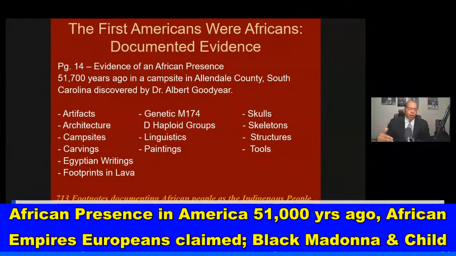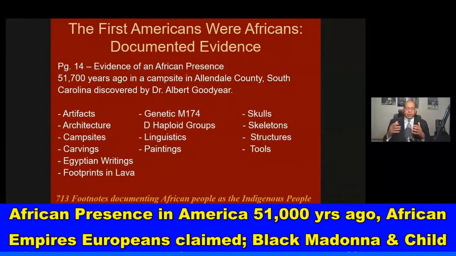They found artifacts, architecture, campsites, carvings, Egyptian writings, footprints in lava, genetic M174D haploid groups dealing with DNA and genetics, linguistics, paintings, skulls, skeletons, structures, and tools. They found 13 different types of evidence documenting an African presence in the land we call the United States of America, dating back at least 51,700 years ago. Now, his book is backed up by 713 footnotes and 7 peer-reviewed articles as well. And we know peer-reviewed articles is the height of academia.